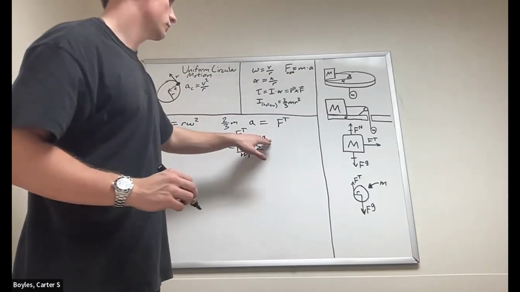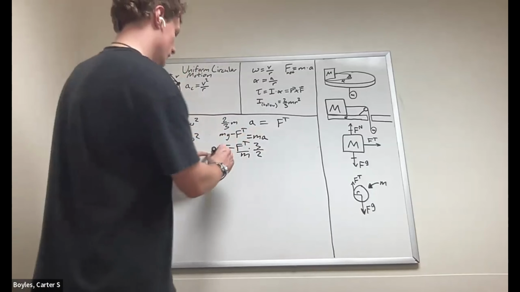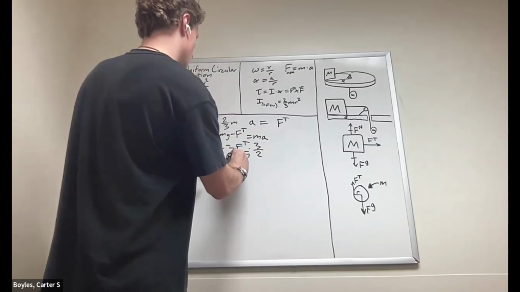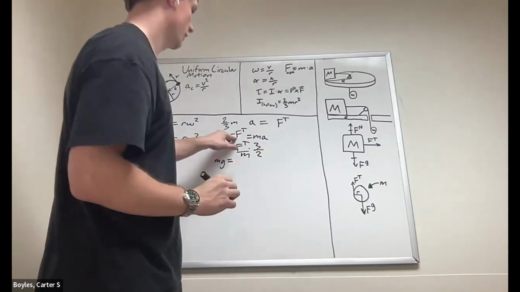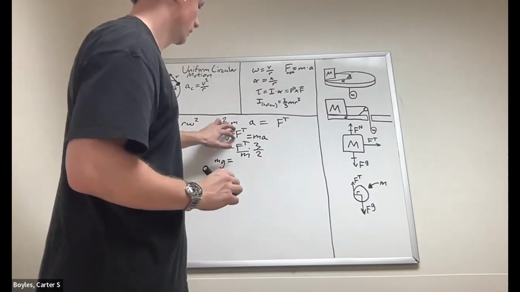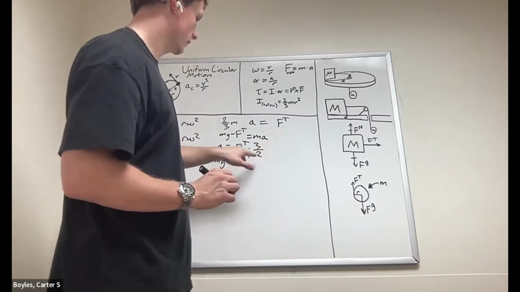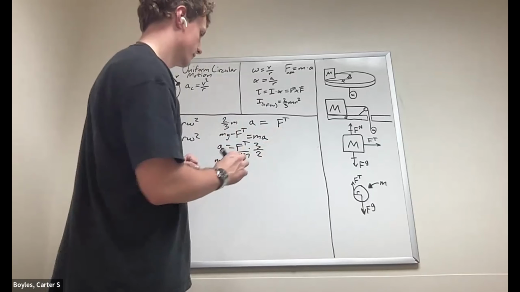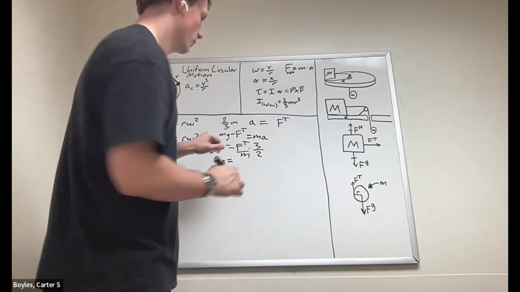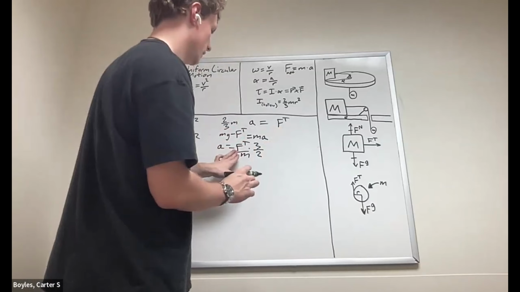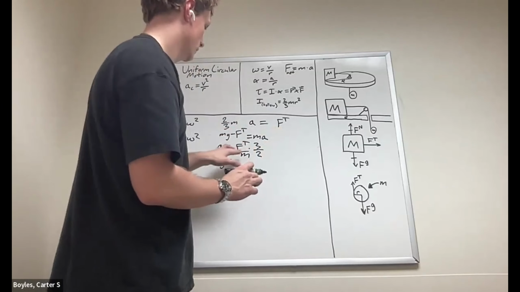Plugging this into the equation that we have right above it, we can get that mg is equal to, and so bringing this tension force over the other side, 2/2 the force of tension plus 3/2 the force of tension. When we bring this over, this will cancel, so we have a here.